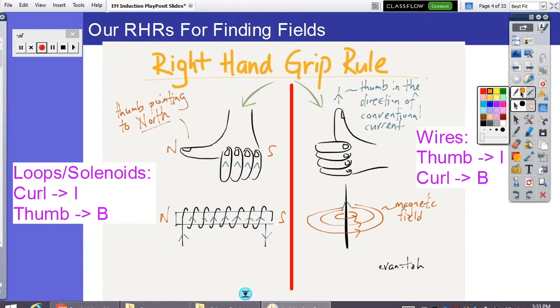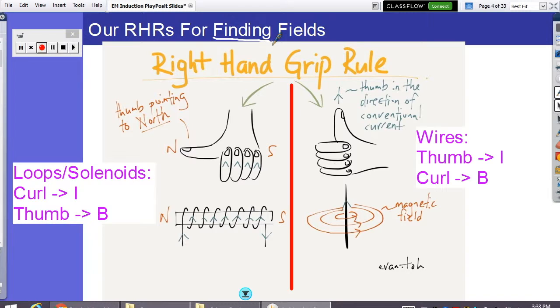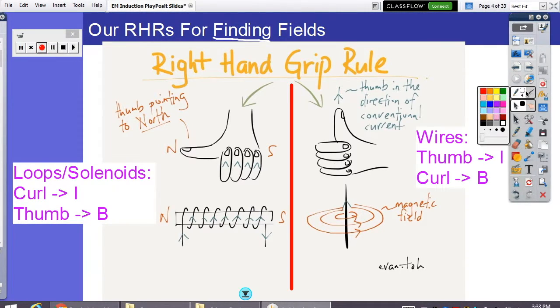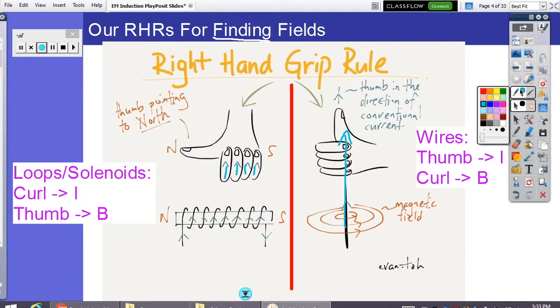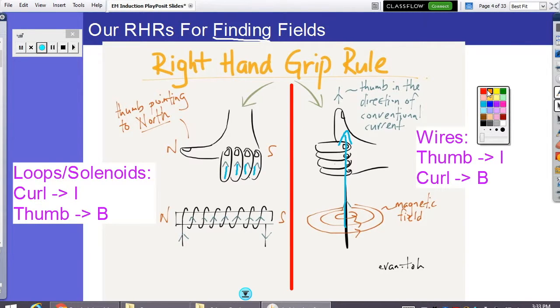If we want to find the magnetic field, we now have two options. For a straight wire, we can point our thumb in the direction of the current and our fingers curl in the direction of the magnetic field. If instead we have a loop, we can curl our fingers in the direction of the current, and our thumb now tells us the direction of the magnetic field. It also specifically points in the North Pole direction.